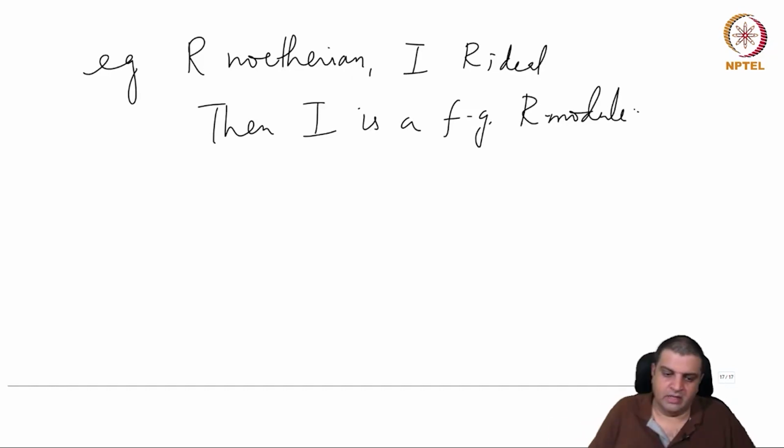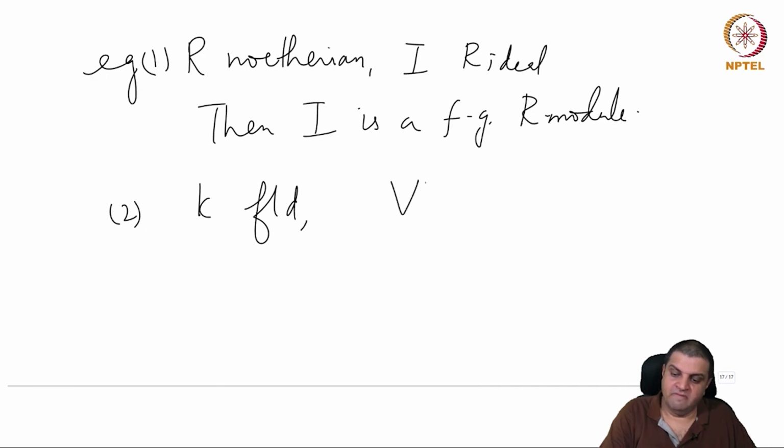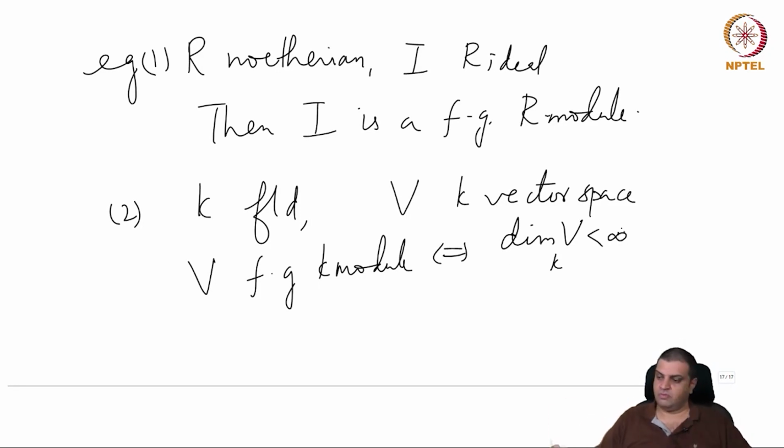And maybe 1, 2: K a field, V a K vector space, V is a finitely generated K module if and only if V has finite dimension.